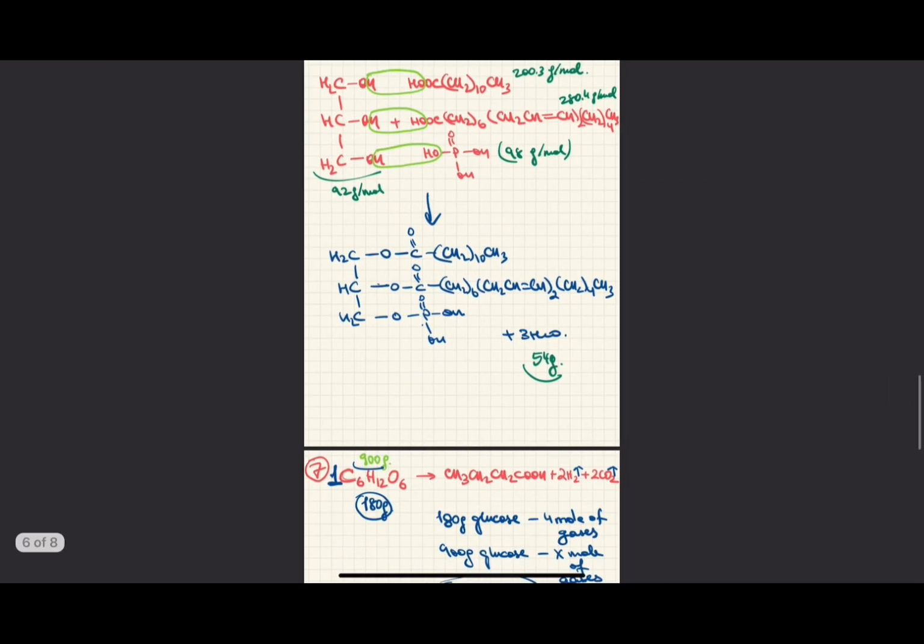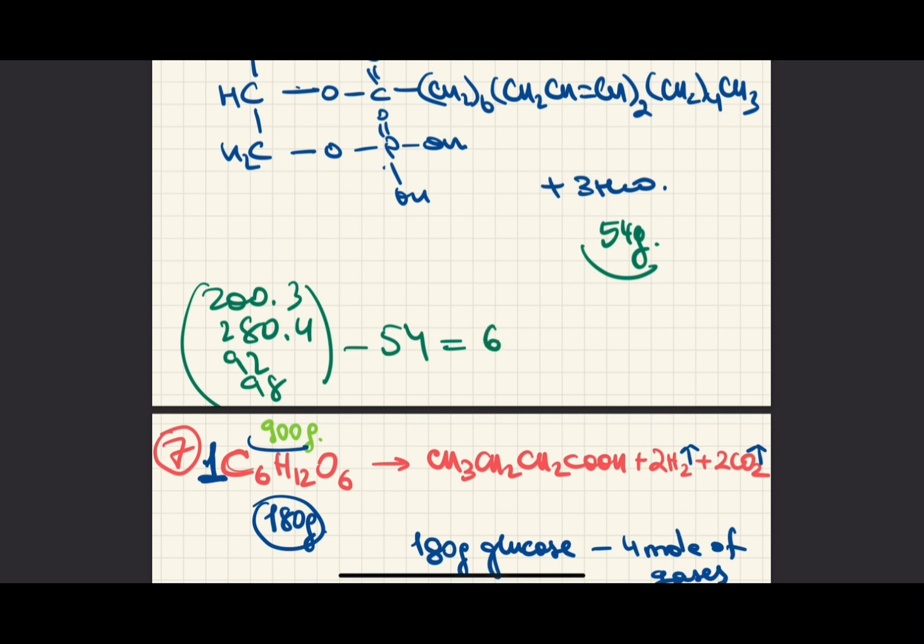So you would do 200.3 plus 280.4 plus 92 plus 98, and then you would minus 54 from that to find the molar mass of phospholipid, which is 670.7 gram per mole. So this is 670.7 gram per mole.